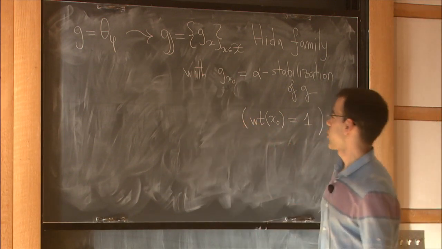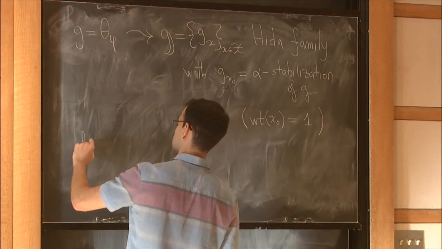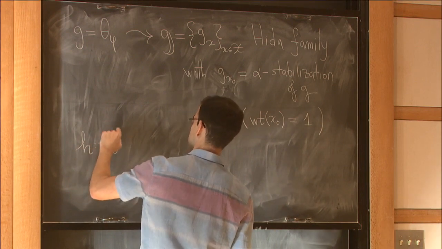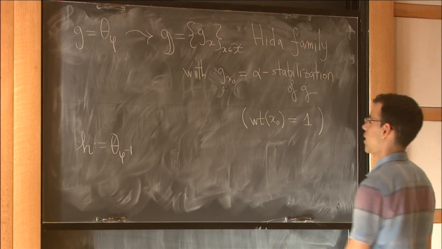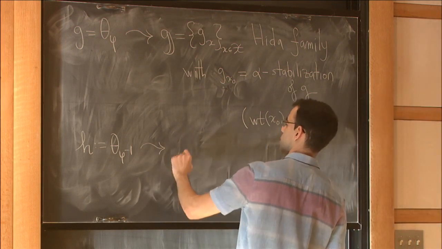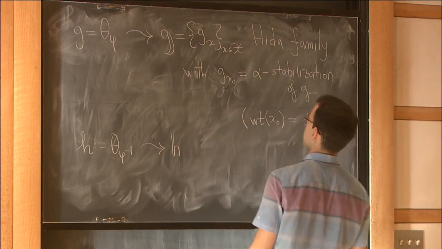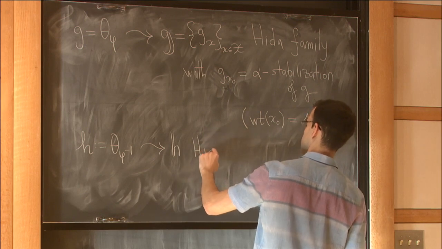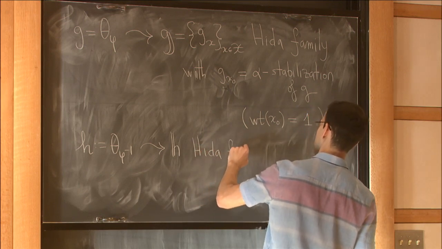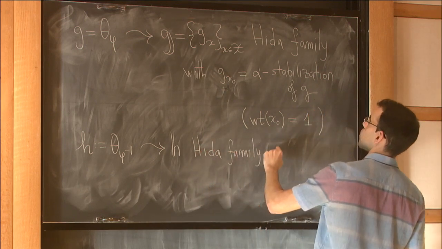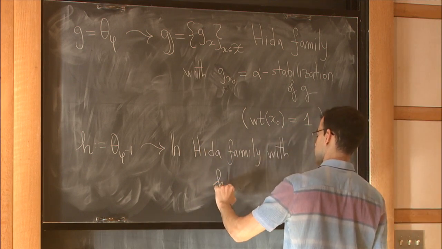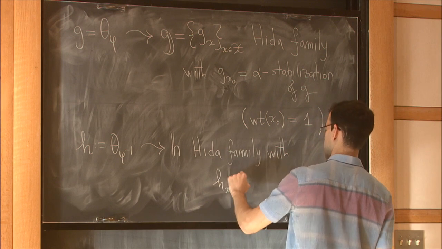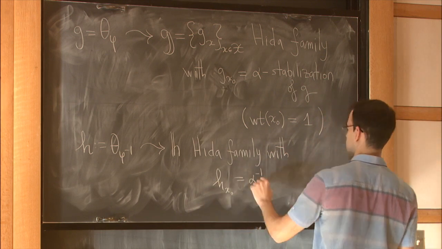I'll do the same for the dual form. I'll denote by h the theta series attached to the inverse character, and that will analogously fit in a Hida family, with h of x naught equal to the alpha inverse stabilization of h.